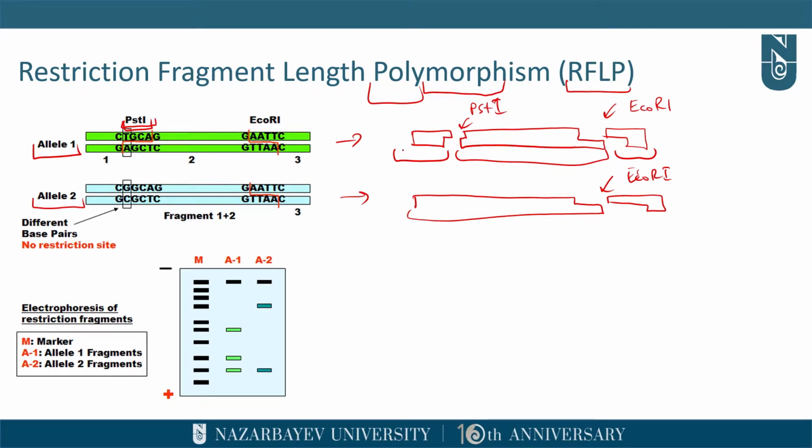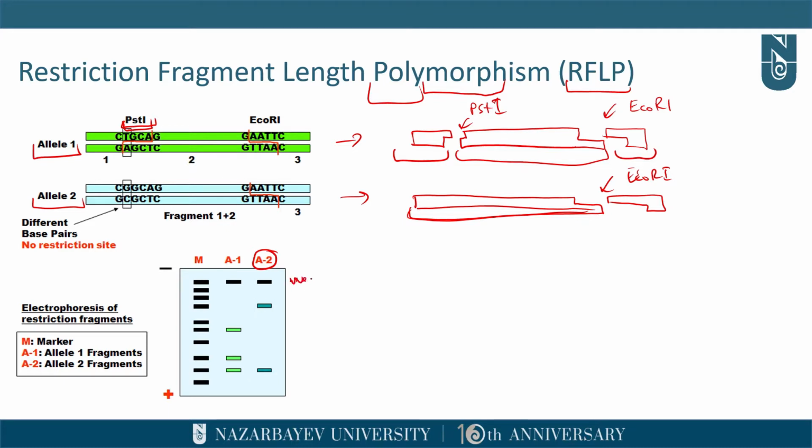If we are doing gel electrophoresis here, we will have a different number of fragments obtained with the same restrictases. As you can see here, for the second allele we will have one long part, and because it's long it did not travel much from the well.